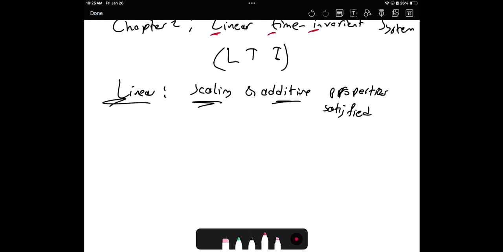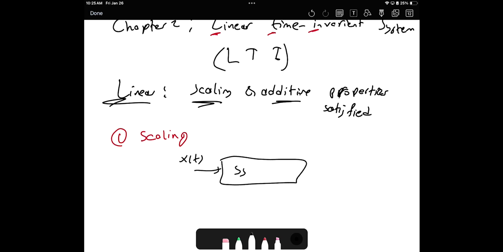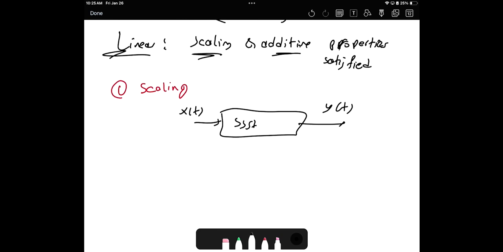Let me go first for scaling. If, for example, I have x of t entering the system, you will have y of t. But if I enter c times x of t, it will give me z of t.